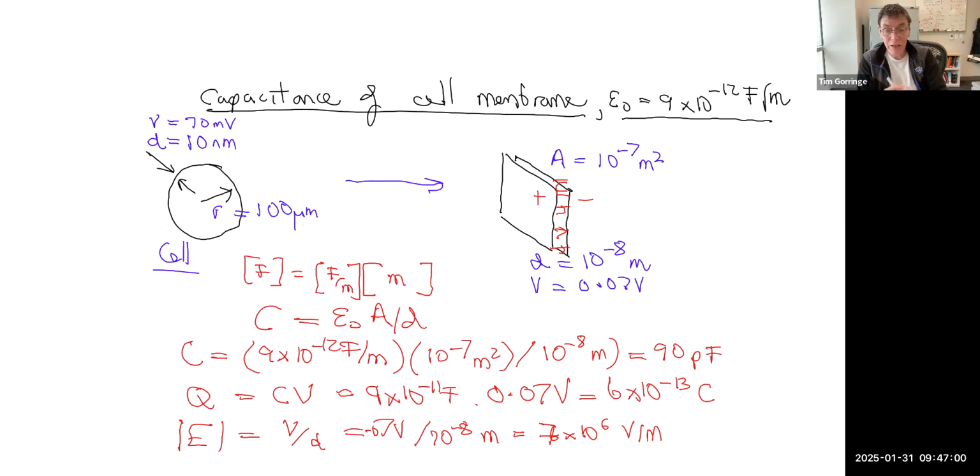It reminds us that the cell is an electrical environment. You don't want to think of the cell as living in a gravitational world. You want to think about the cell as living in an electrical world. And here the cell is a capacitor. Here are the voltages and the fields and the charges that are the electrical nature of the cell.